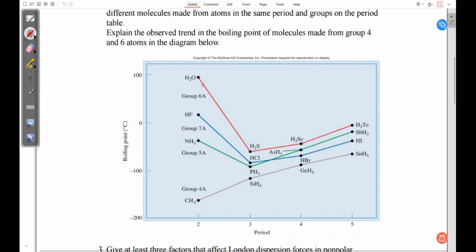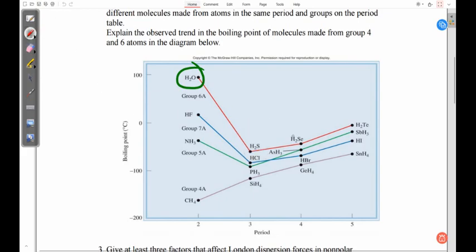Now for group 6, what's happening there is there's some hydrogen bonding involved on the first part. So they exhibit hydrogen bonding. There's hydrogen bonding in water, that's why it's on top there, and dipole to dipole forces in the others.